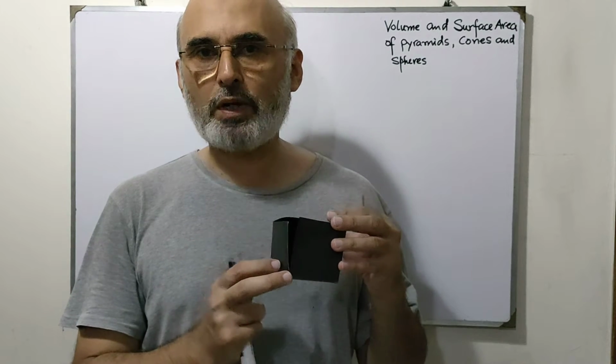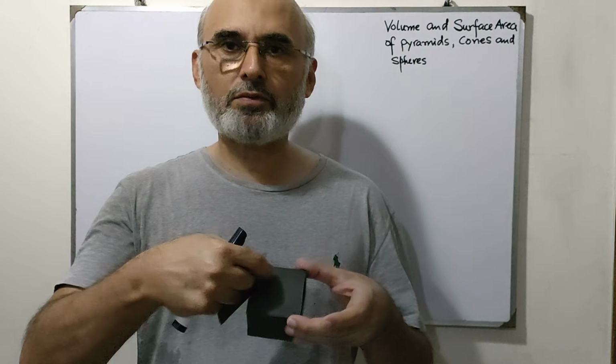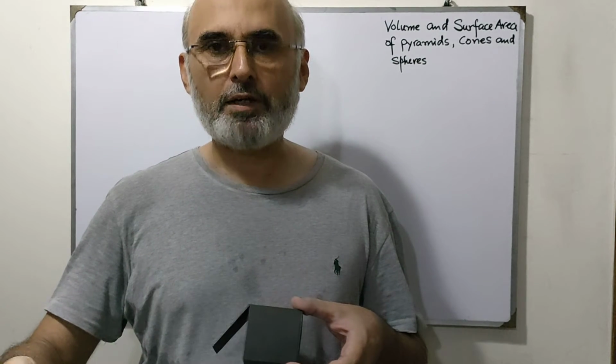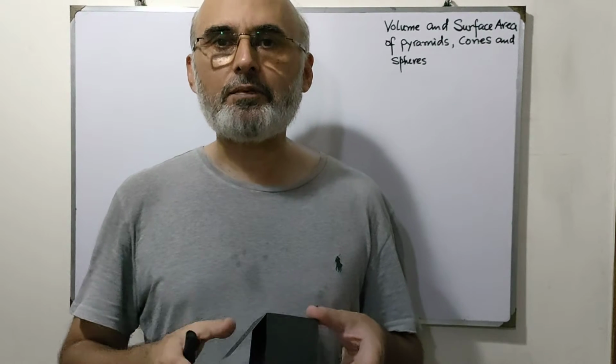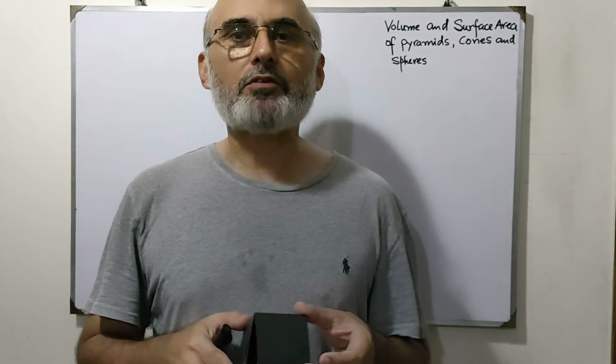Now if we keep in mind this square prism, with the same base, we're going to talk about a pyramid, okay, and we'll see what the difference is there in case of the pyramid.